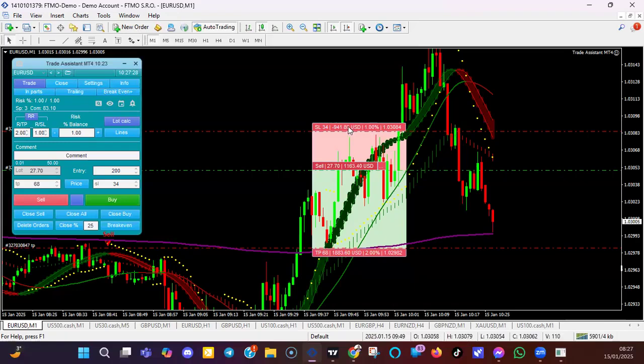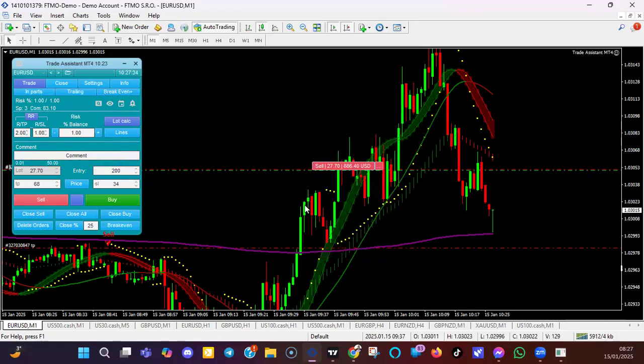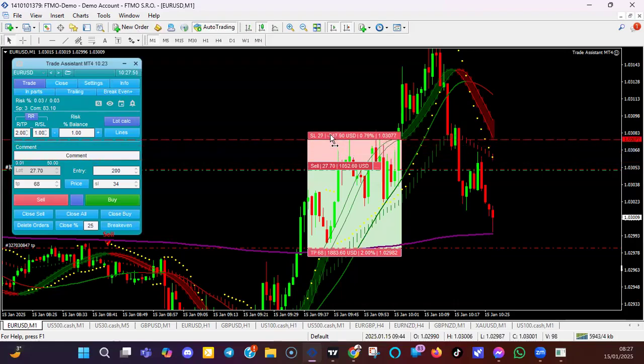At this juncture now, I'm going to put my stop loss to my entry because, or will I? I don't know. No, I'm not going to. But I'm going to go back up to 1%.